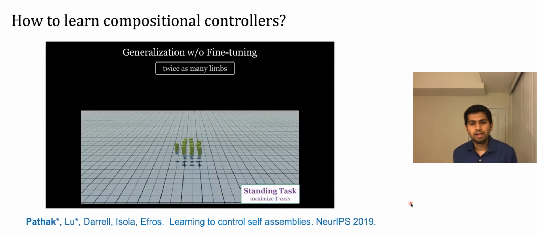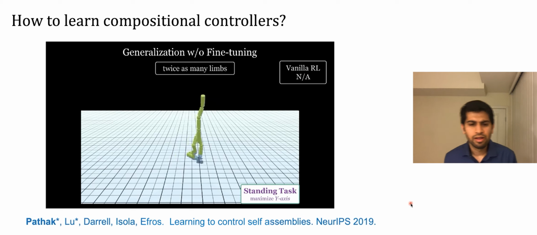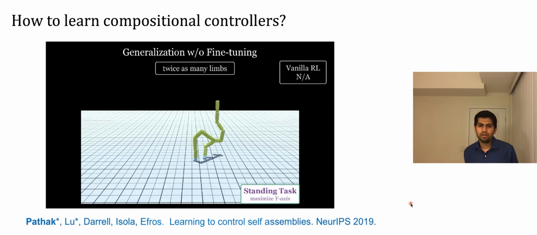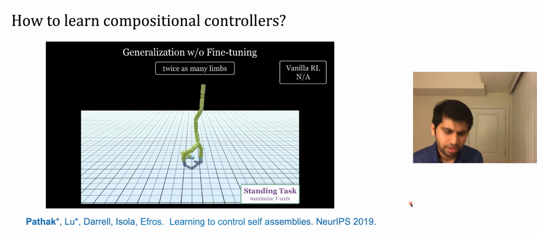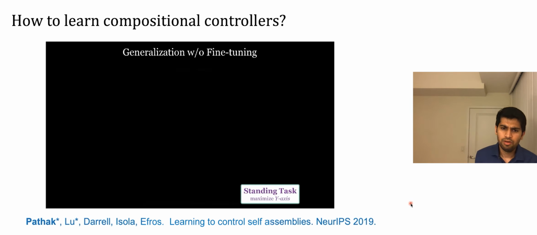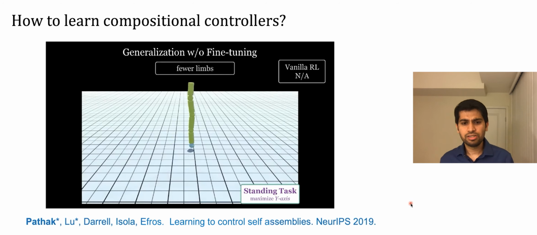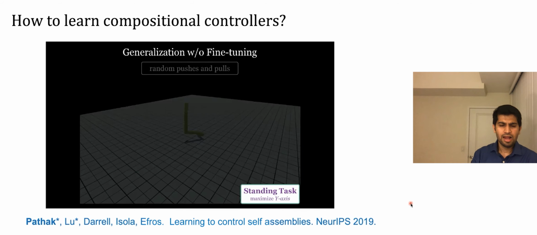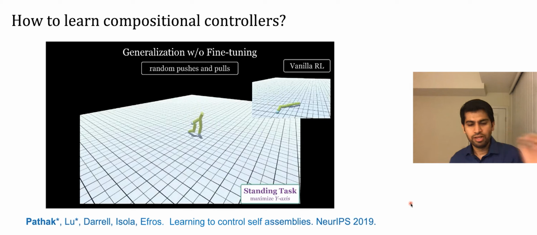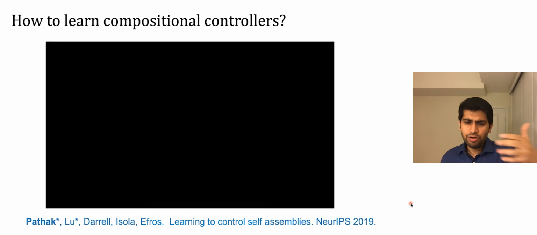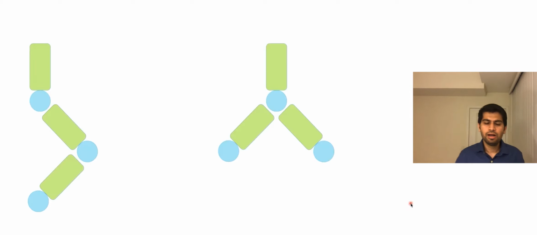Well, in this line of work, we build upon our previous NeurIPS paper from last NeurIPS, where we tried to design control algorithms for self-assembling agents, which combine from different motors into a single agent. And the key idea over there is that you learn the same policy for every motor of the agent. So let me go into a bit more detail as to how we leverage this key idea to build a controller for the whole suite of agents.